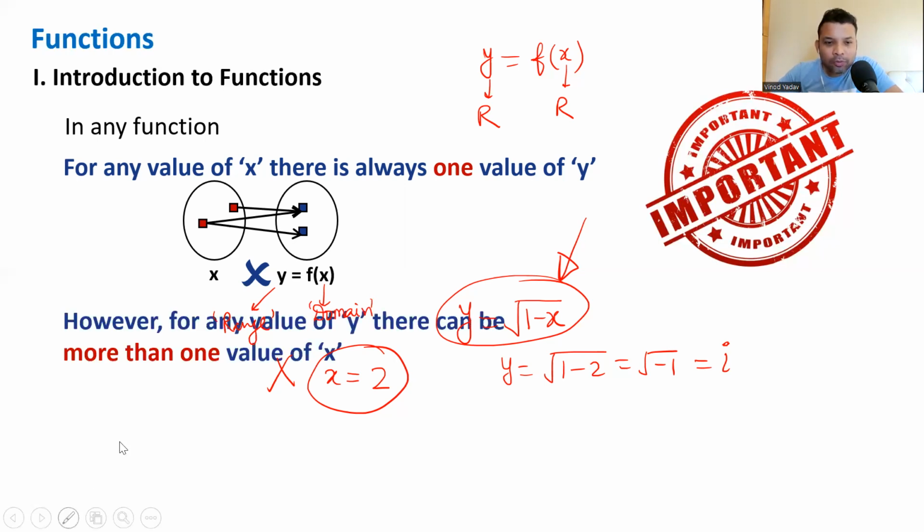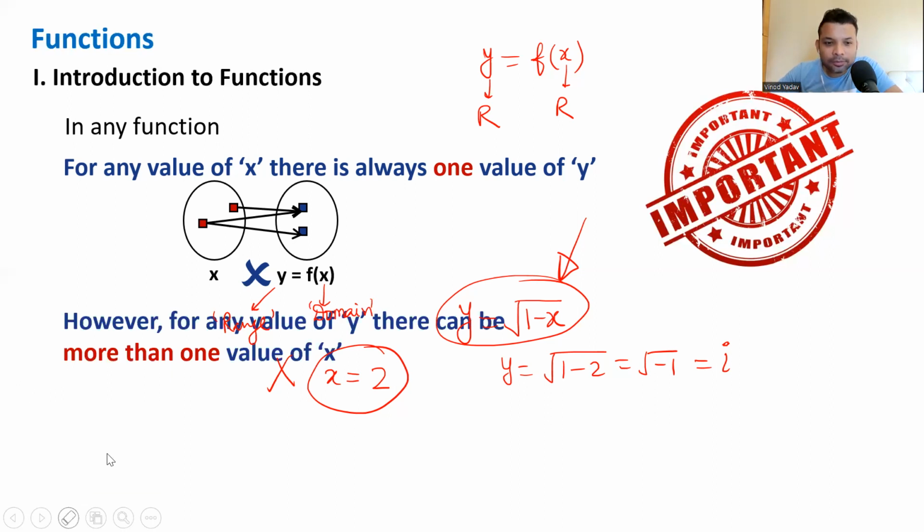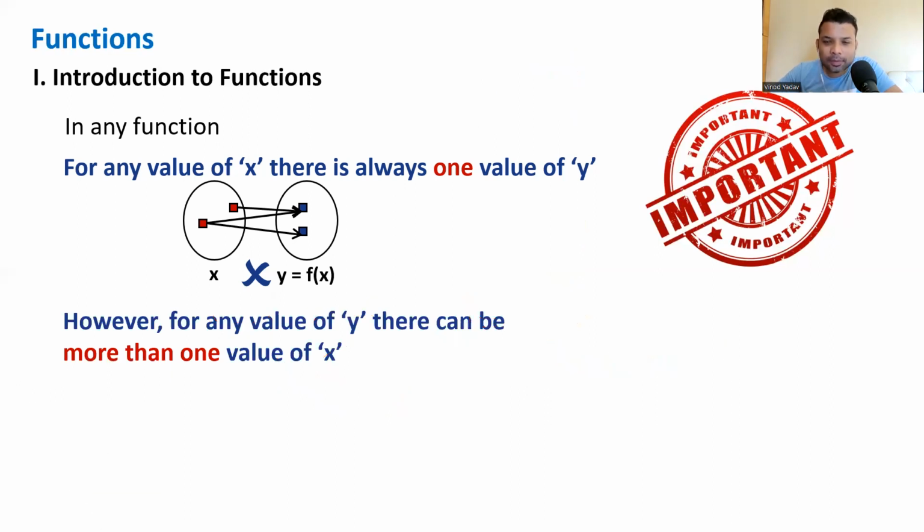So output should always be unique, isn't it? Just now in the previous example, we had seen that two different inputs had same output, but the main condition was not disobeyed, right? Output was unique, na 11 ही आया था ना. So any value of y, there can be more than one value of x. So it can be many to one. It's fine.